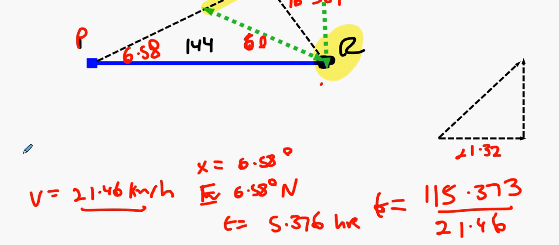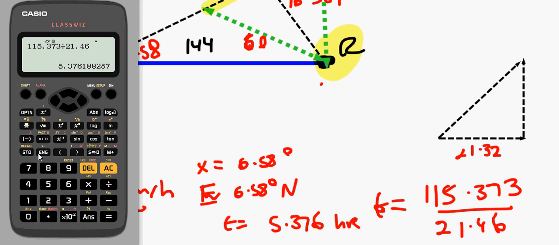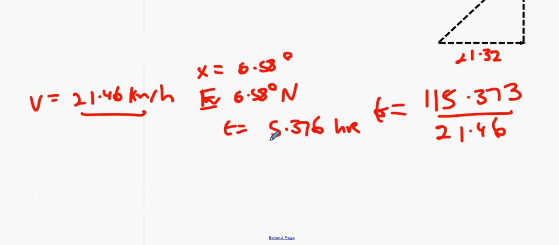And then if we change that using the degrees minutes function, it's 5 hours and 22 minutes and 34 seconds, which is 5 hours and 23 minutes, rounded off to the nearest minute. That's it, rounded off. Okay, good job. Took 12 minutes.